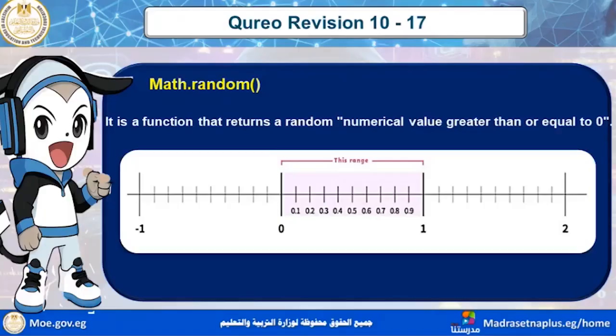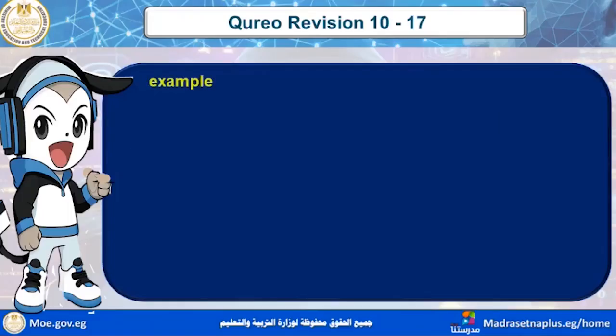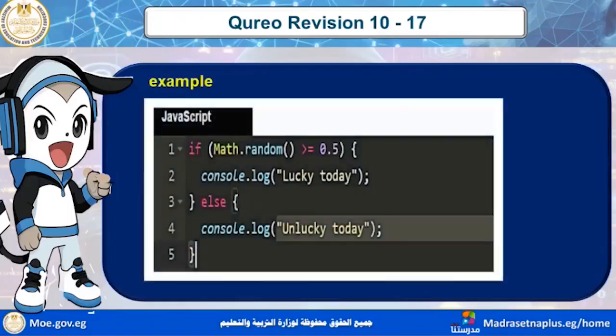So we have Math.floor and Math.random. An example: we will compare the value of Math.random to the value of 5.